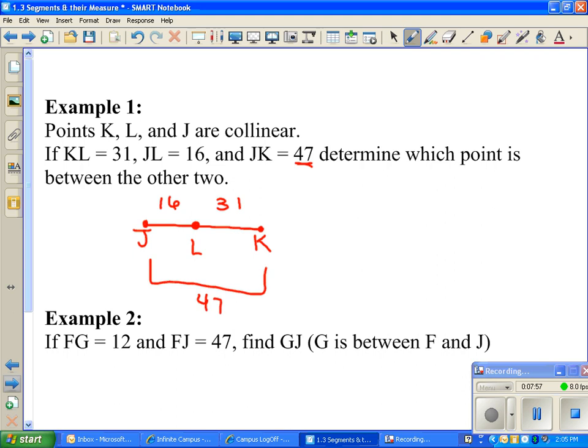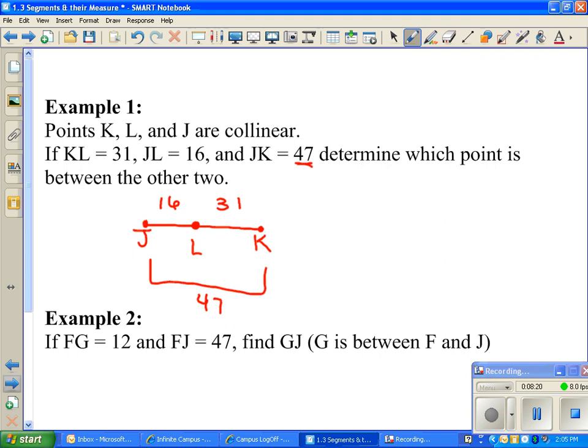All right, so what is the point in between the other two? Good answer. Anybody else? What is the point between the other 2 points? L. How do you name L?